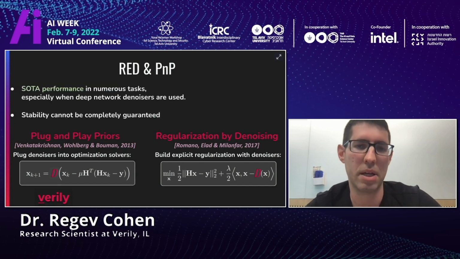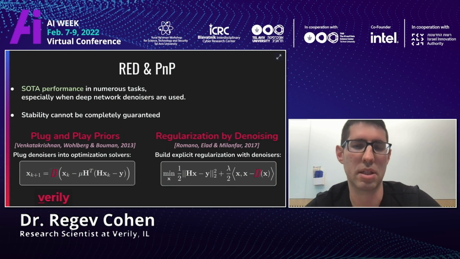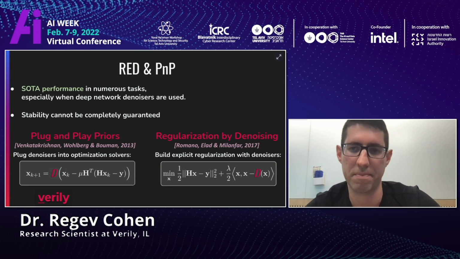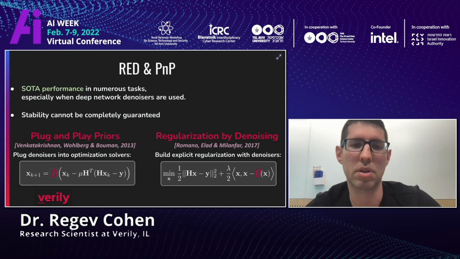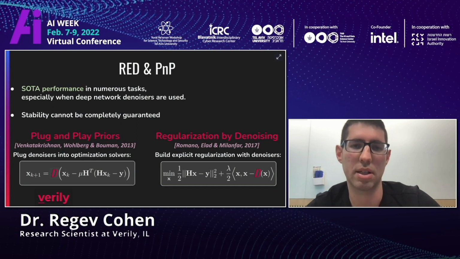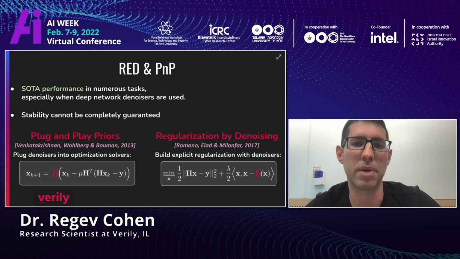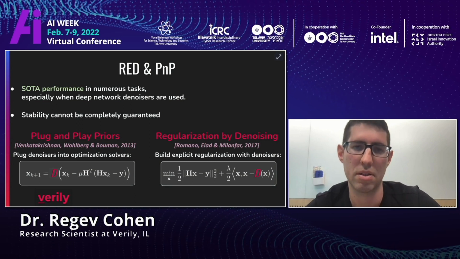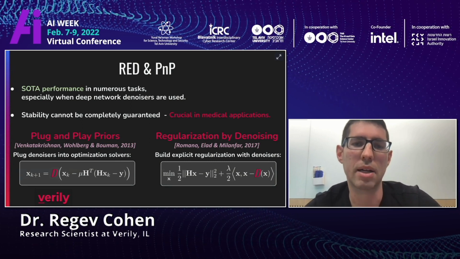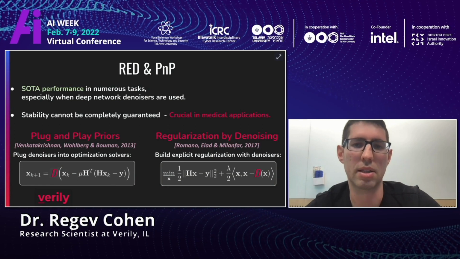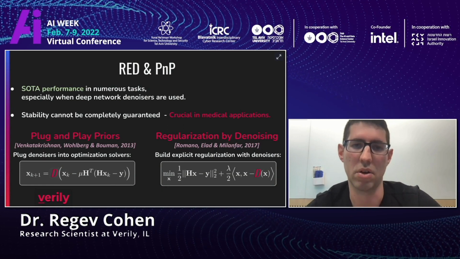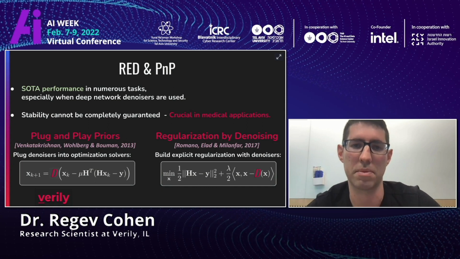Both RED and PnP achieve state-of-the-art performance in a variety of different tasks, especially when deep networks are used. However, their stability requires careful tuning and cannot be completely guaranteed. This is crucial in medical applications, since we cannot allow for unexpected behavior or phenomena such as mode collapse.